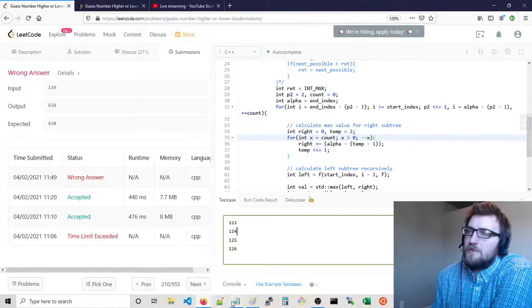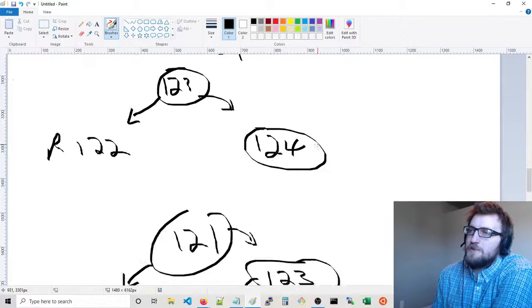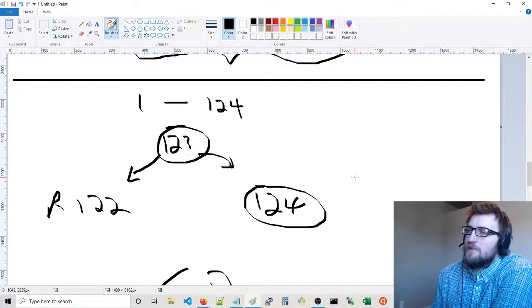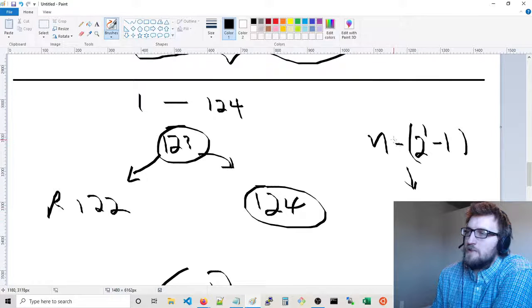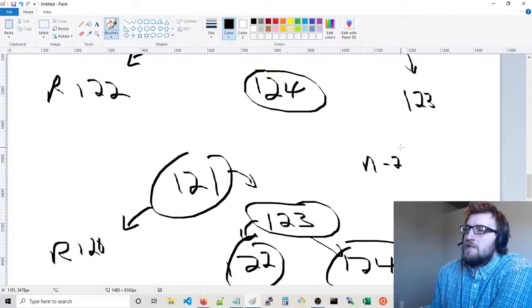So what are these? There's more. This is n minus 2 to the first minus 1, which is 123. N minus 2 to the second minus 1, so that's 3.